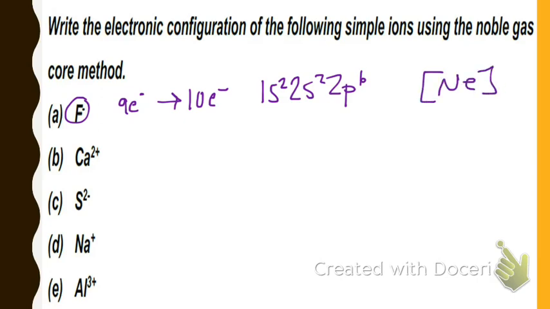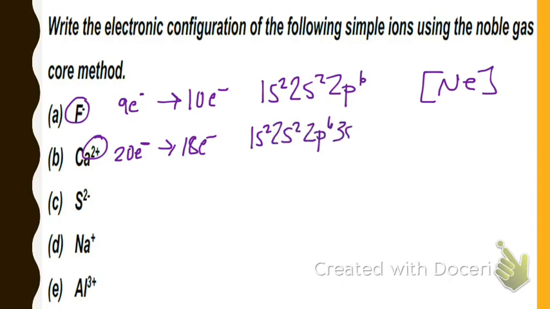Okay? In the case of calcium, calcium normally has 20 electrons, but it's a +2, means it lost 2. So it's going to have 18 electrons, which would be 1s2, 2s2, 2p6, 3s2, 3p6, which would be argon. So do you see how that works?